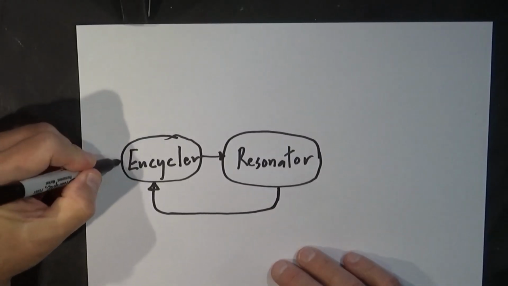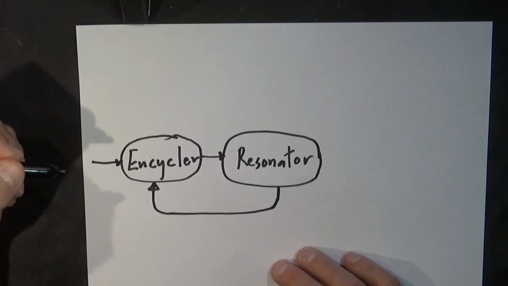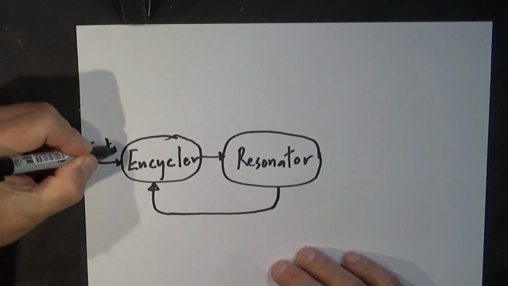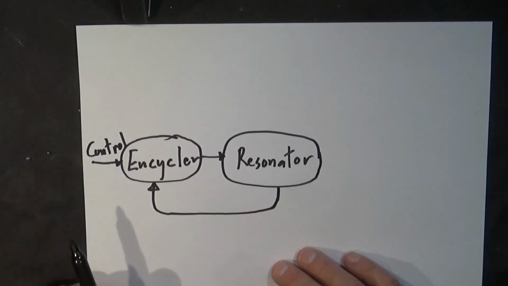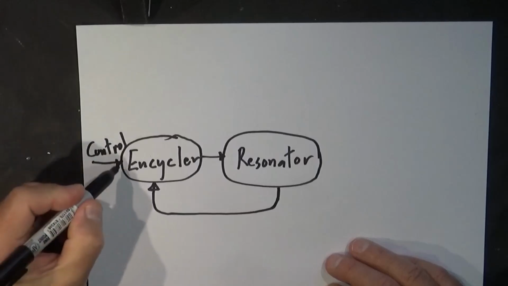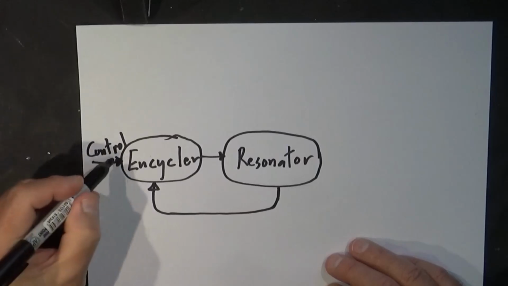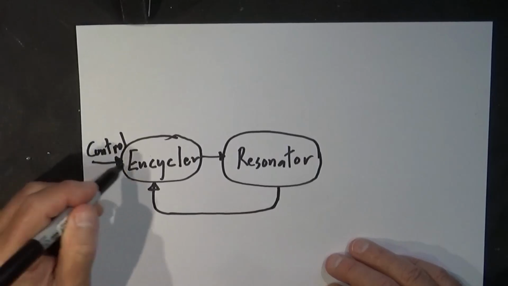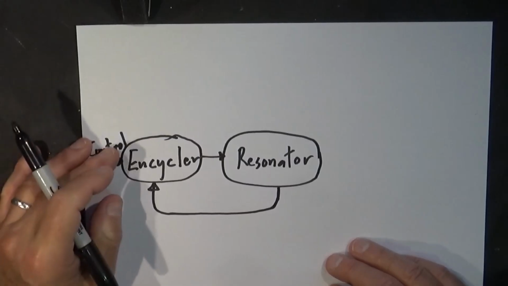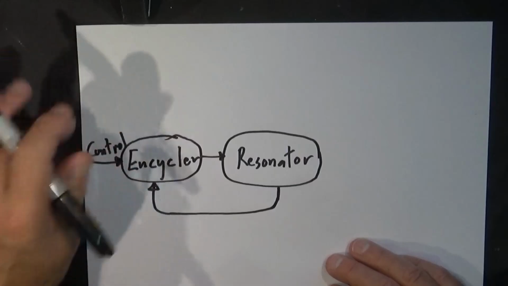And the Encycler also needs control. And I've drawn it too near the edge of the paper. There you go. Which is, again, if we were thinking in terms of bows, it would be the speed of our bow, but to us it's just a control signal, probably the speed of our turntable.